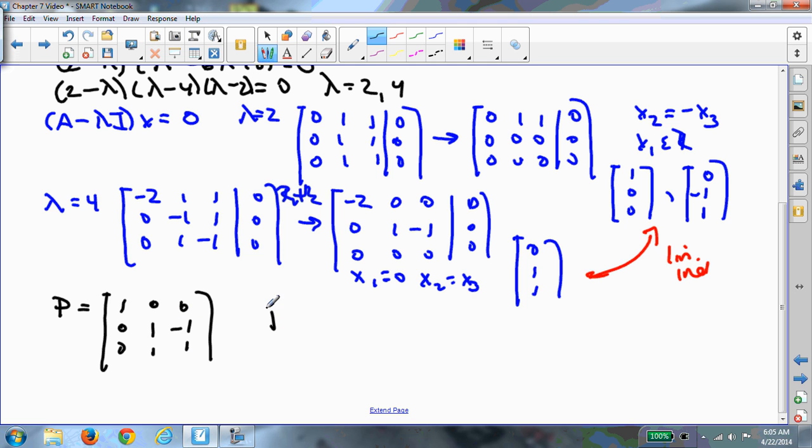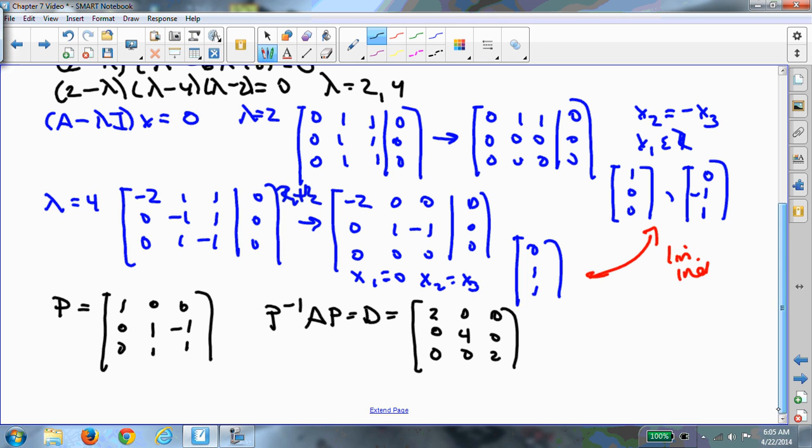And if I were to do P inverse AP, the corresponding diagonal matrix, now I need to make sure my eigenvalues are in the same order diagonally. So the first eigenvalue would be 2, 0, 0. The next one would be 0, 4, 0. And the last one would be 0, 0, 2.